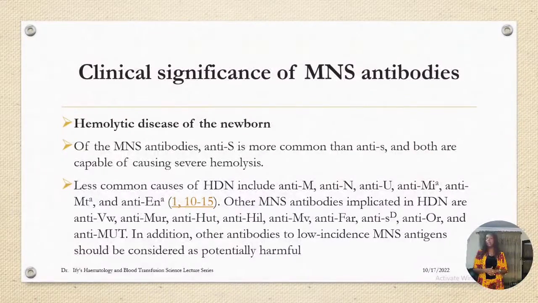Other MNS antibodies implicated in HDN are anti-Vw, anti-Mur, anti-Hert, anti-Hale, anti-MV, anti-Far, and SD. In addition, other antibodies to low incidence MNS antigens should also be considered as potentially harmful.